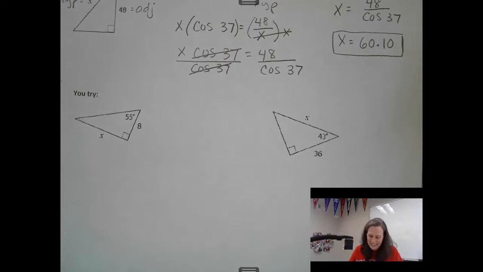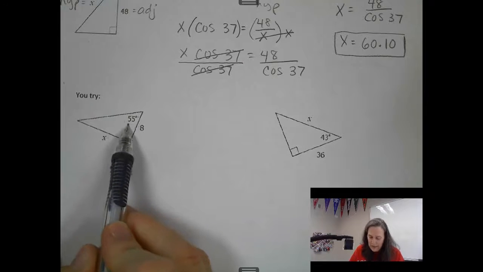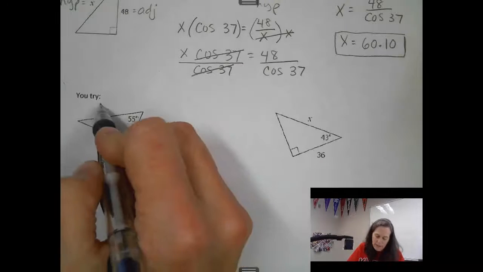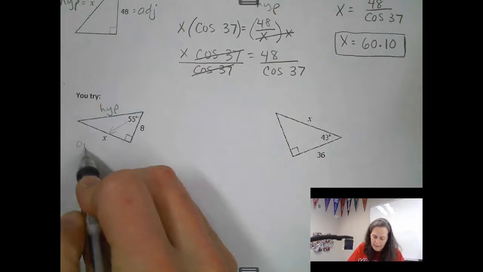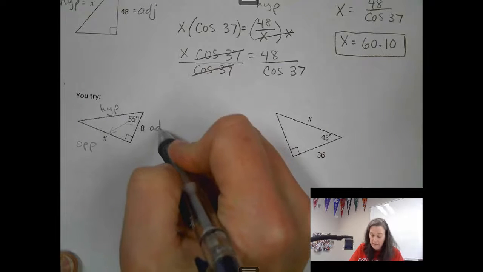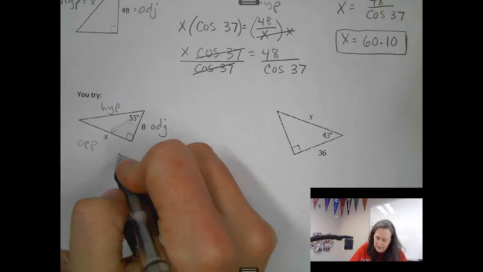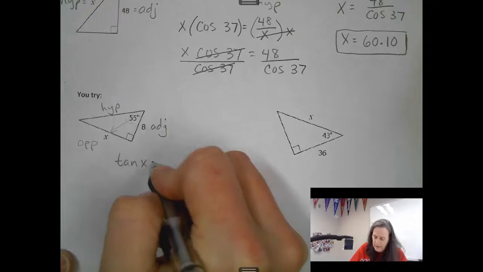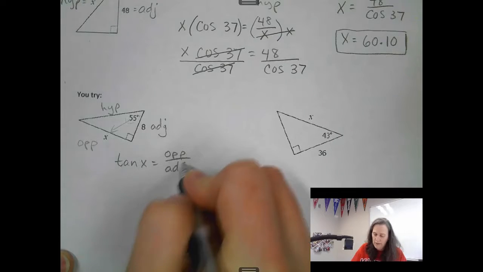All right, let's try. So we've got a triangle. Here's our 55 degrees. And right next to it would be, this is hypotenuse. They didn't give us that one. They did show us the opposite and adjacent. So which trig function works with opposite and adjacent? Tangent, right? So tangent of x equals opposite over adjacent.